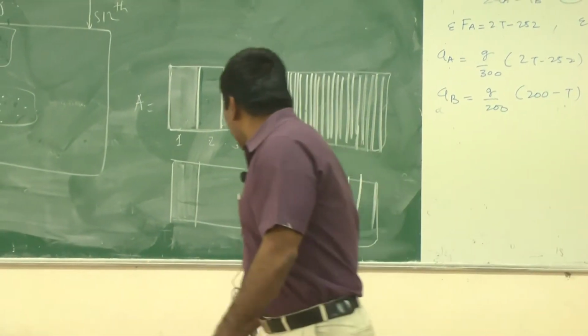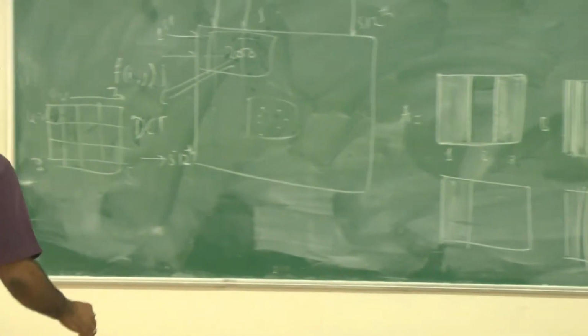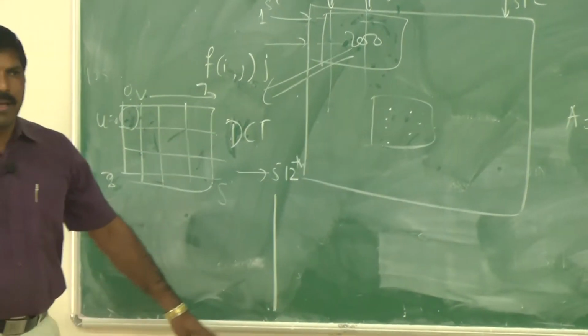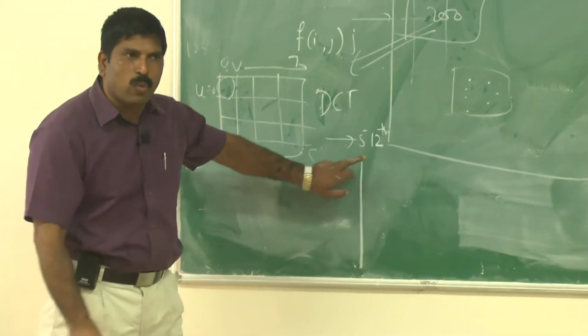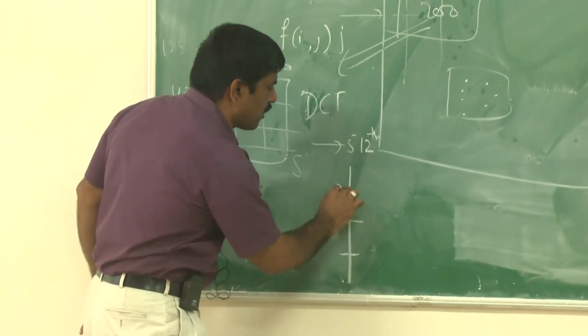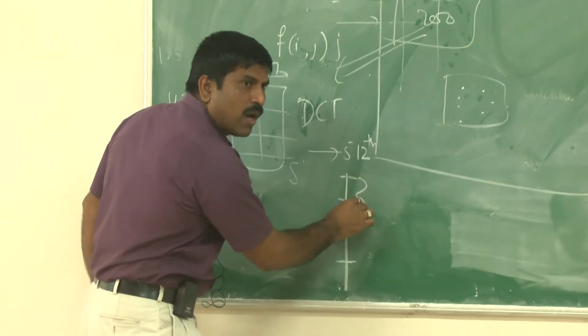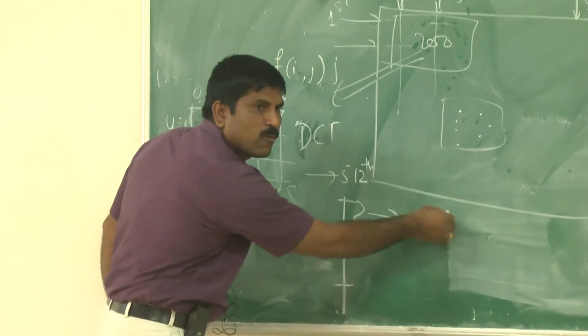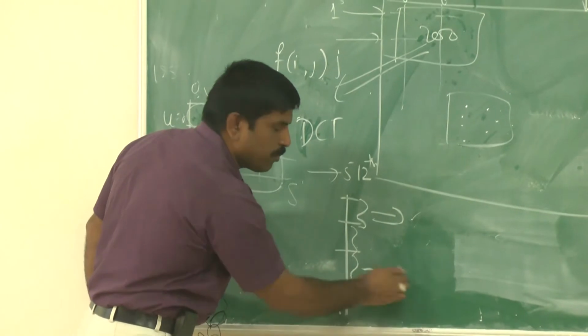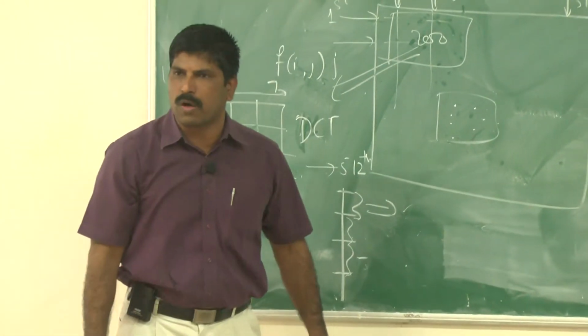What do you do with quantization? Basically, suppose you have the intensity ranging from this one to this one. You are making steps such that this part will be represented by some value, this part by some value, and so on.